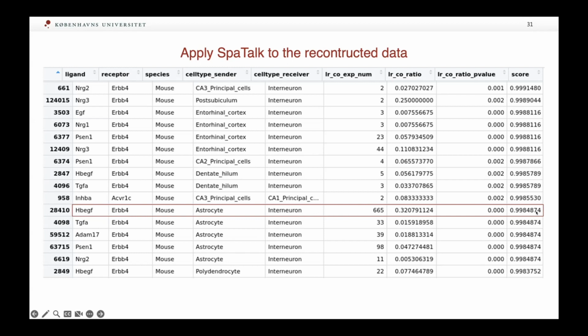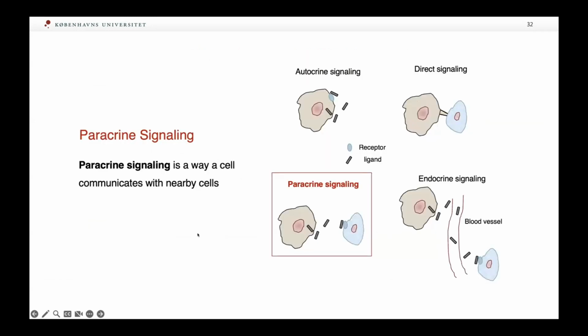The reason we selected that is because it has both a high score and also a high ligand receptor co-expression number. So after finding the target interacting cell pairs, we can further visualize it in the predicted images.